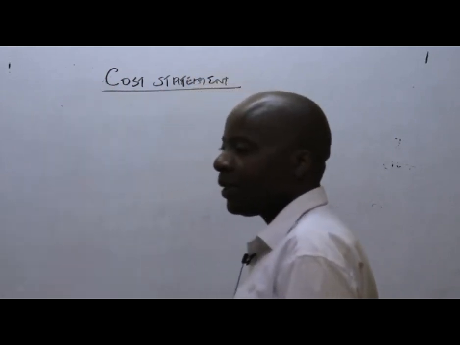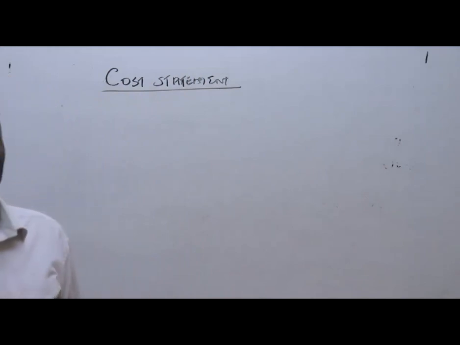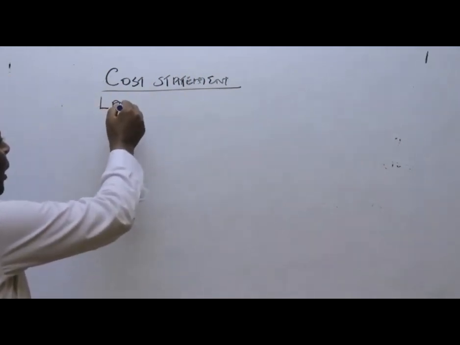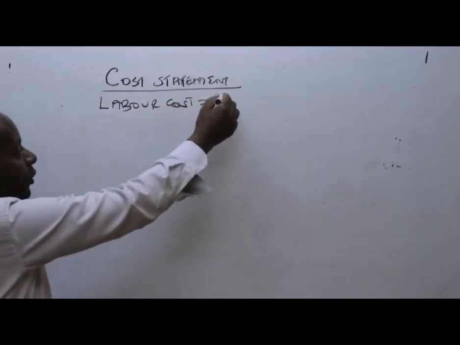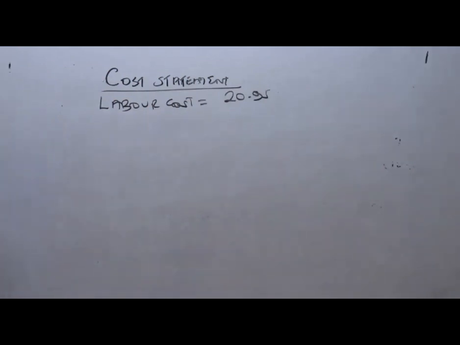For the cost statement, ladies and gentlemen, number one is the labor cost. I'll start with it so I don't forget it. The labor cost for each chair is 20.95.